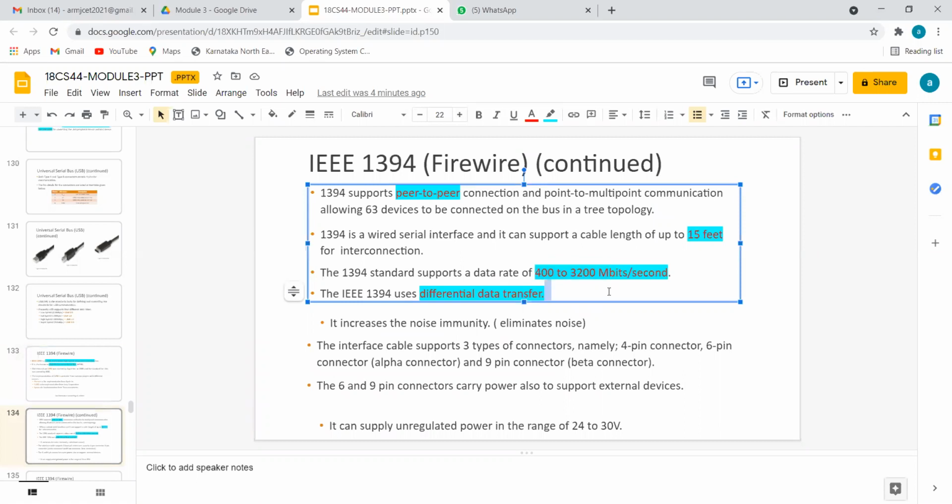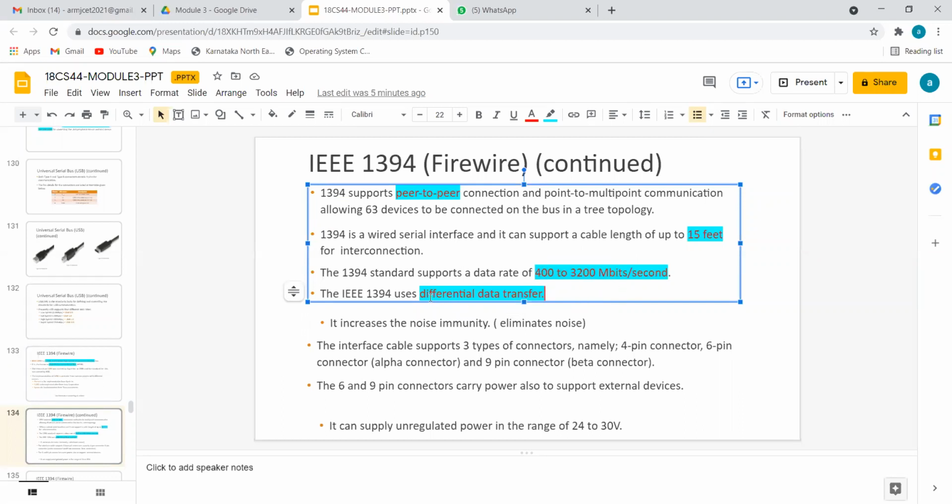But this IEEE 1394 is overtaken by USB 3 and USB 2. USB 2 has undergone many evolutions, but IEEE is still almost at the same level. That's why 400 to 3200 megabits per second is the achievable speed.